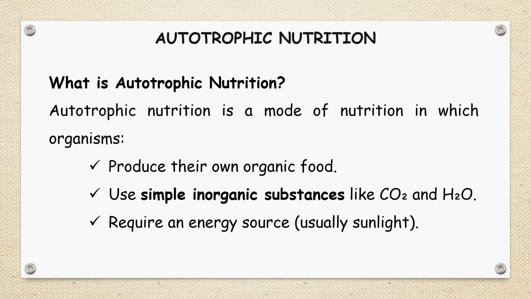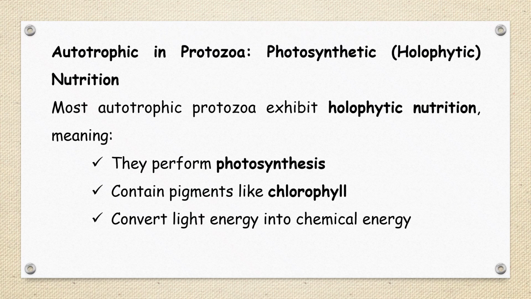They prepare their own food using simple inorganic substances like carbon dioxide and water, and an energy source, usually sunlight. And by using all these sources, as well as the presence of a very unique type of pigment, that is chlorophyll, they convert this light energy into chemical energy.